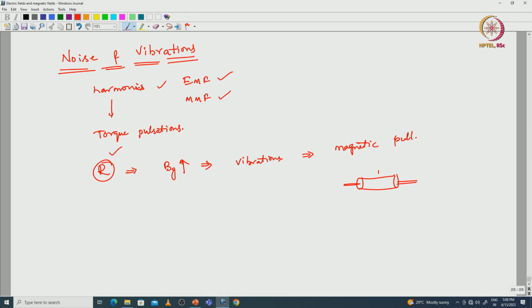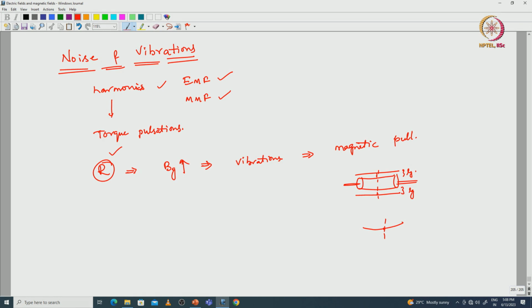There is a slight bend at the middle of the rotor, where the air gap is not symmetrical. Here the air gap will be more at the top side and less at the bottom side. You can consider that there is a sag kind of structure in the rotor. During that condition the air gap will not be symmetrical with respect to the rotor structure.